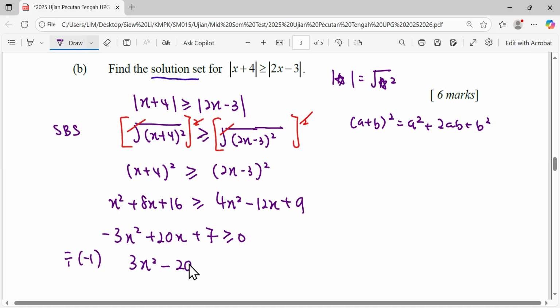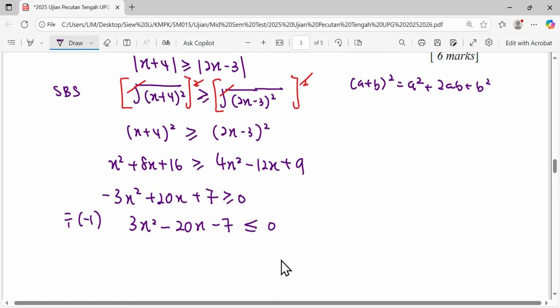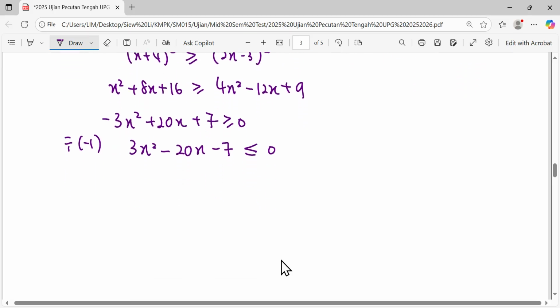And when you divide by negative, bear in mind inequalities need to change sign. So after we changing the sign, the quadratic is ready to factorize. So please follow the step in solving this. So factorize, we get x minus 7 and 3x plus 1.